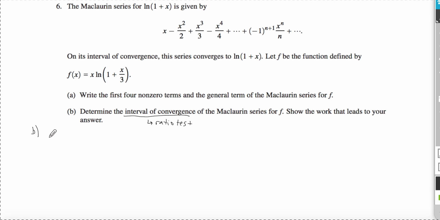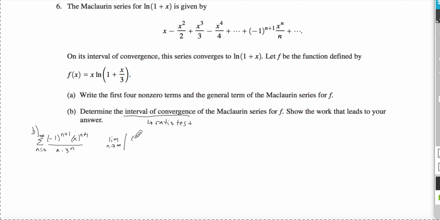We have our general rule, which we already saw was negative 1 to the n plus 1. So our series really is n equals 0 to infinity of negative 1 to the n plus 1 times the quantity x to the n plus 1 over n times 3 to the n. Remember, our ratio test says take the limit as n approaches infinity of the absolute value of all these things, but at n plus 1.